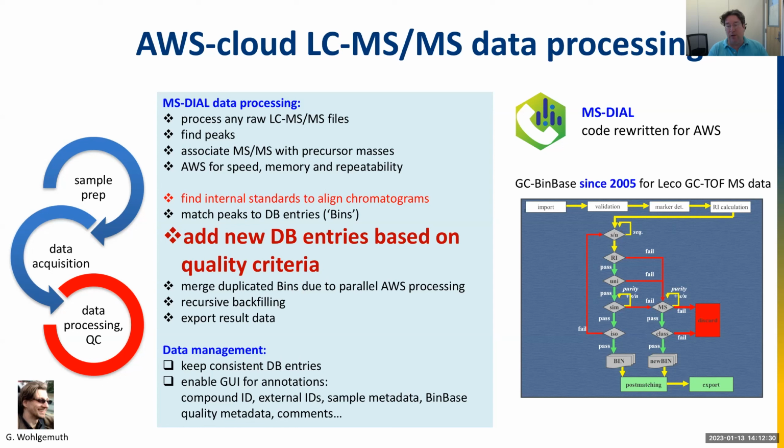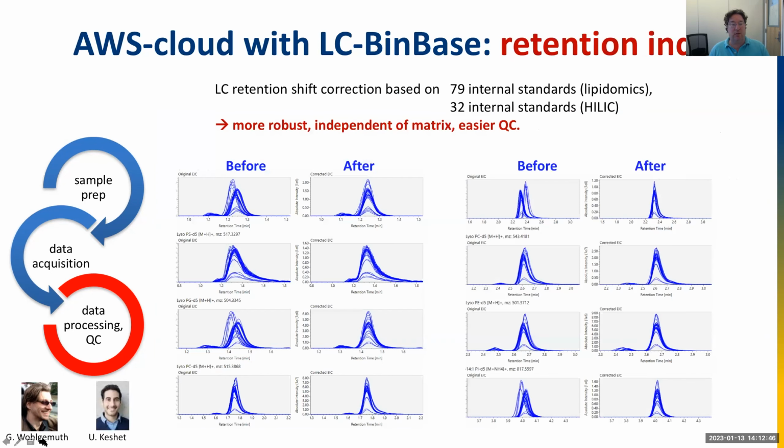And of course, we have a lot of overhead for data management to keep the database entries consistent, and to enable graphic user interfaces for annotations, also on quality metadata and comments. And I want to give you today the overview of how that is working.